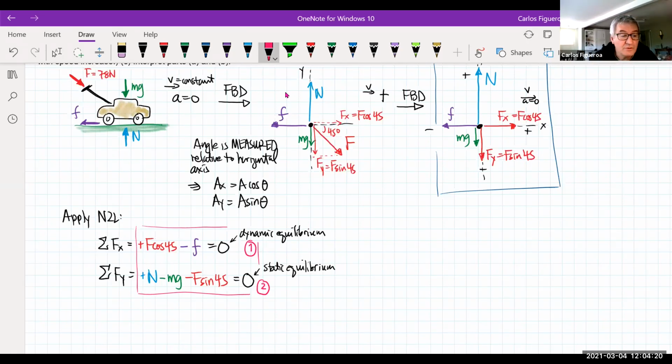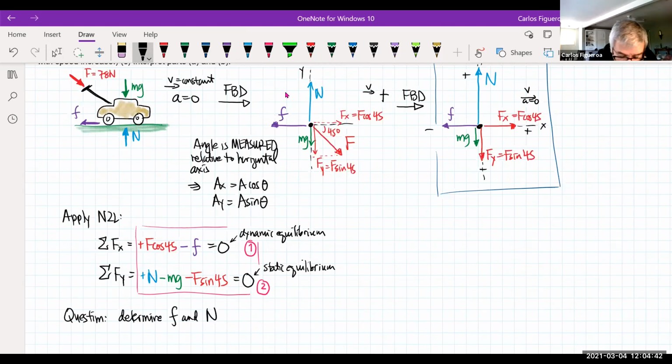So now, what is the question asking? What is the frictional force? What is the normal force? So the goal of the question here, they say, determine friction and the normal of the surface.